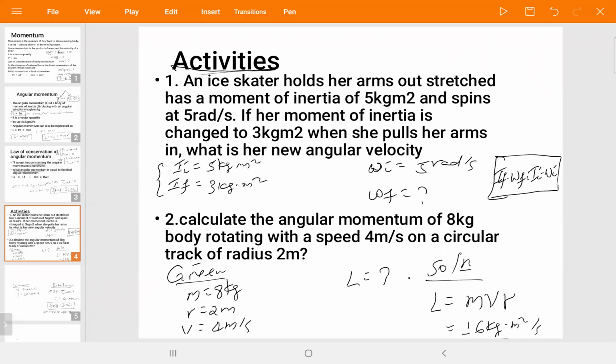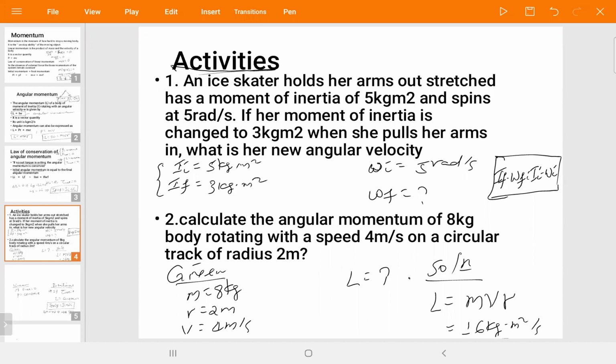We have used an example just as an activity. For example, an ice skater can be an example of constant angular momentum. Since the law of conservation of angular momentum says angular momentum before and after is the same, we can use I final times omega final equals I initial times omega initial.